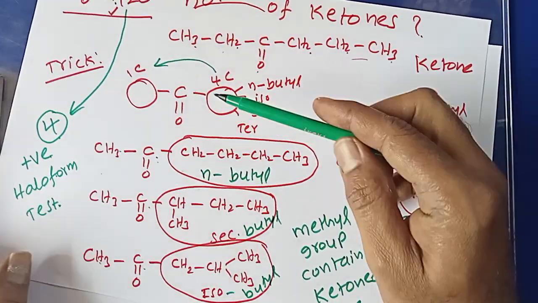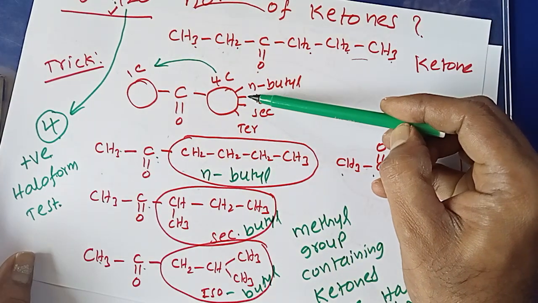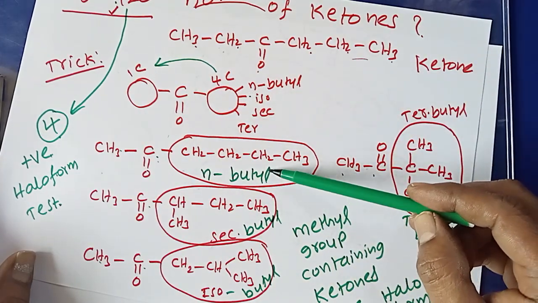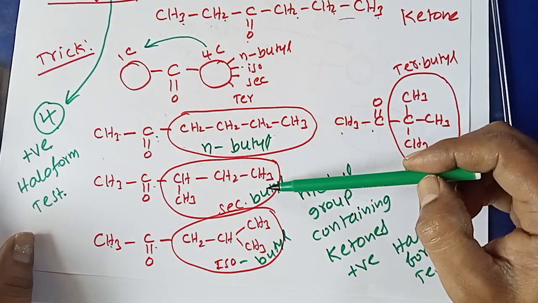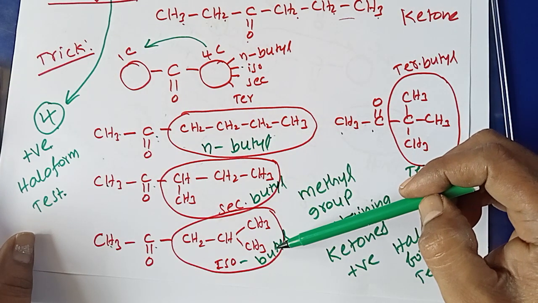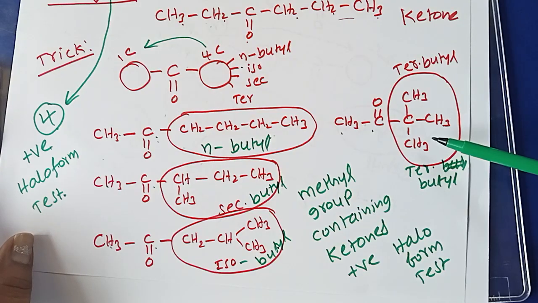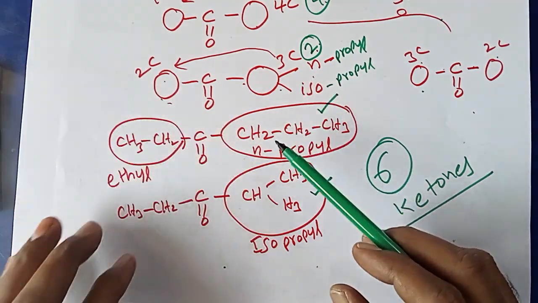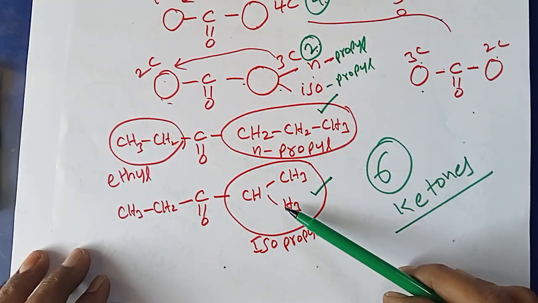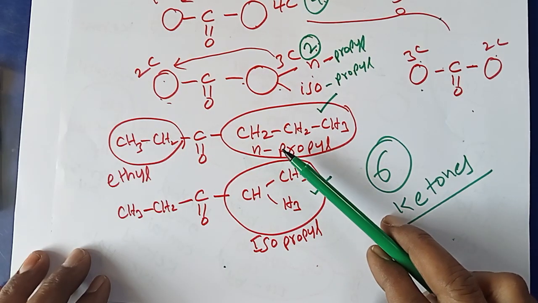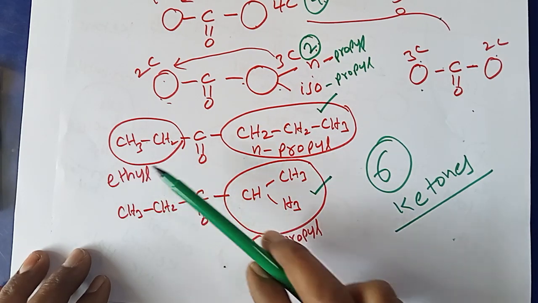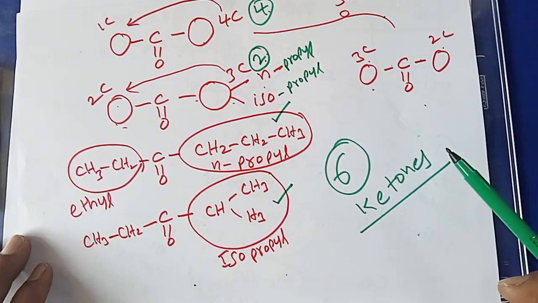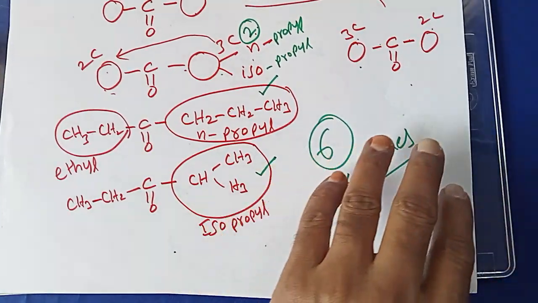Once again we cross check. 4 carbons means 4 isomers: N-butyl, secondary butyl, isobutyl, tertiary butyl. Next, 2 carbons, 3 carbons: N-propyl, isopropyl. If you change to 3 and 2, we get the same. So we got the 6 ketones.